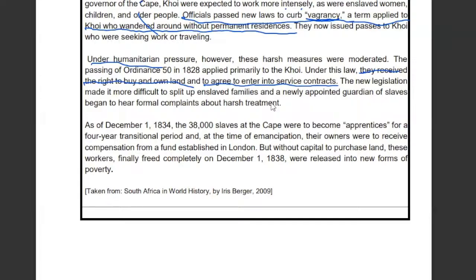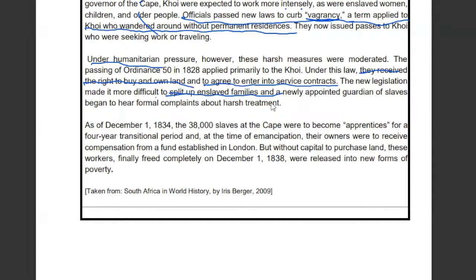And also, continuing, the new legislation made it more difficult to split up enslaved families. It was now difficult. So the slaves benefited from that law because they could no longer be separated from their family members.